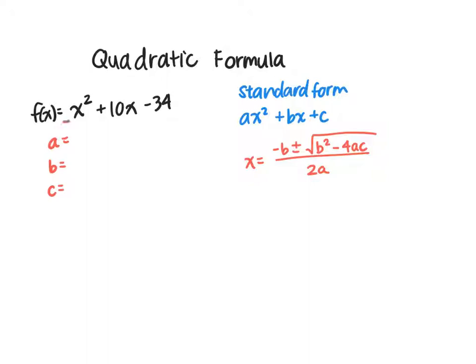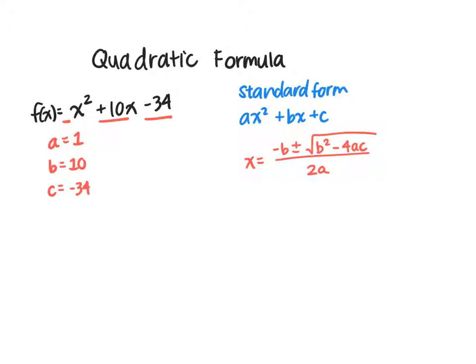We can see our a is 1, our b is 10, and our c is negative 34. Yes, negative 34, not positive 34, because of that subtraction in front. Okay. Then we can go ahead and plug it into the formula.